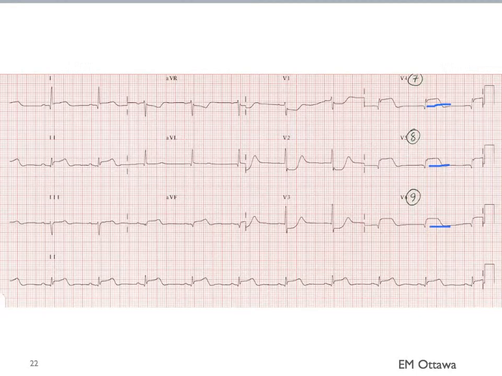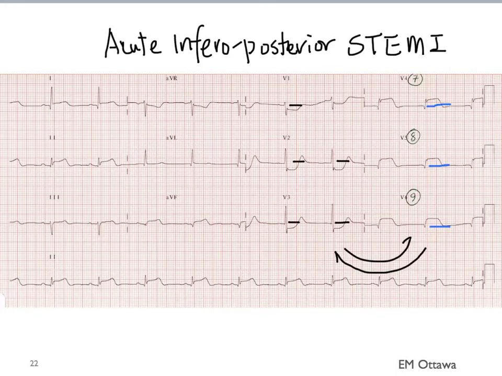You see the ST elevation in V7 to V9, the posterior part of the heart, and that corresponds exactly to the ST depressions in V1 to V4. The anterior and the posterior part of the heart reciprocate. Therefore, the patient is having an acute inferior posterior ST elevation MI. And we wouldn't have picked that up had we not done the 15-lead.